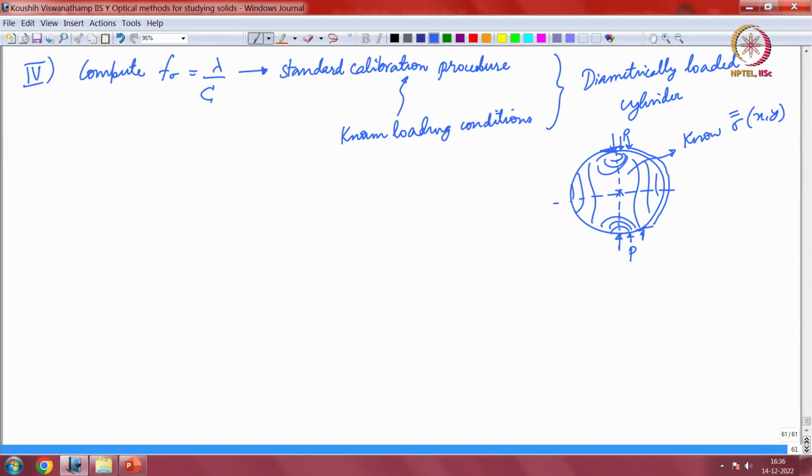So, what we will do in the next session is I will work out a simple example. I will show you how this is put to use to obtain stresses in one particular loading condition. I will show you also this diametrically loaded cylinder problem. So, you see what the fringes look like, and you can appreciate what this fringe counting business looks like, and then we will probably discuss a few different other configurations where photoelasticity is also used. We will not have time to delve very deeply into them right now.